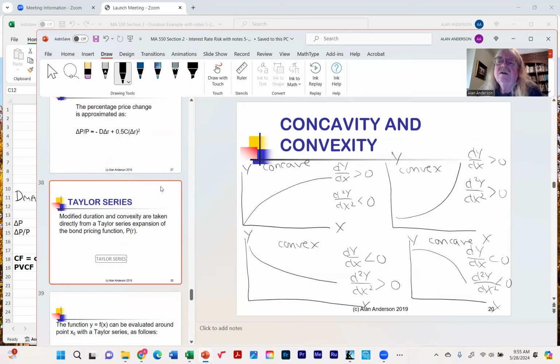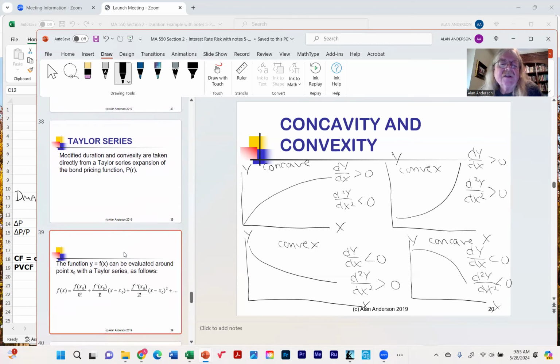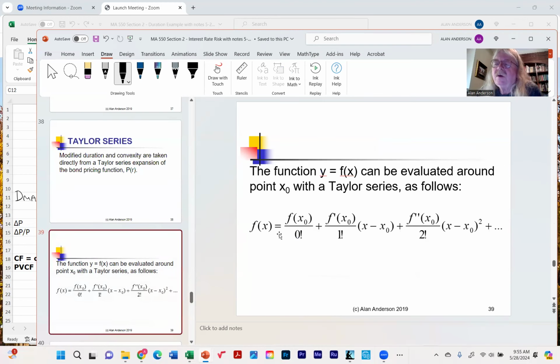Remember the Taylor series expansions. Remember there were Taylor series and there was Maclaurin series. We're going to review that in our next session. And we're going to see how it ties together with duration and convexity, because that's really all they are.